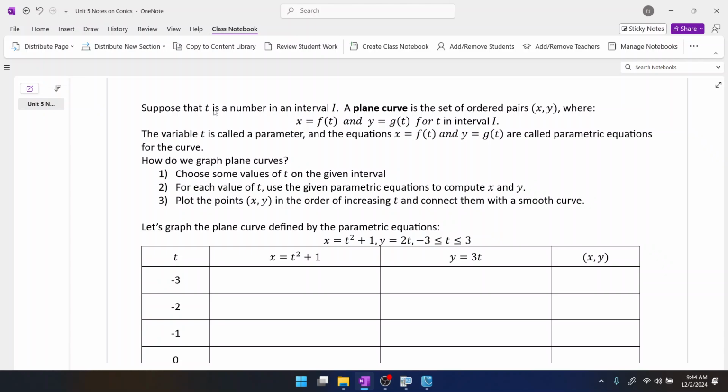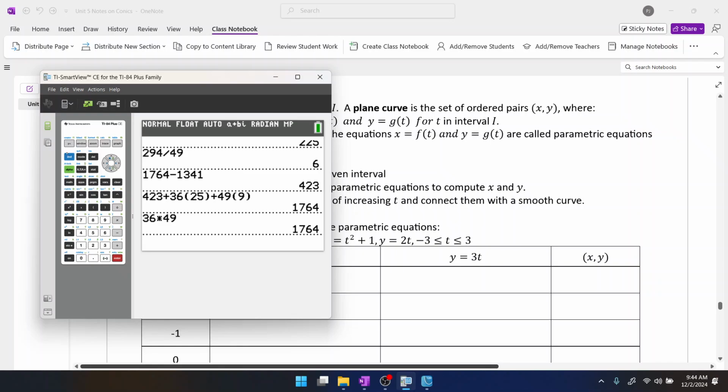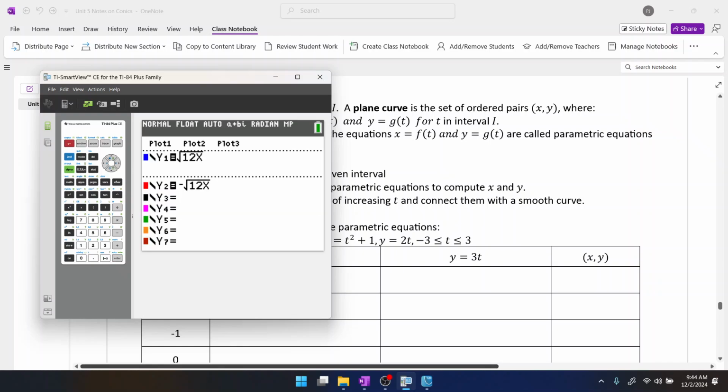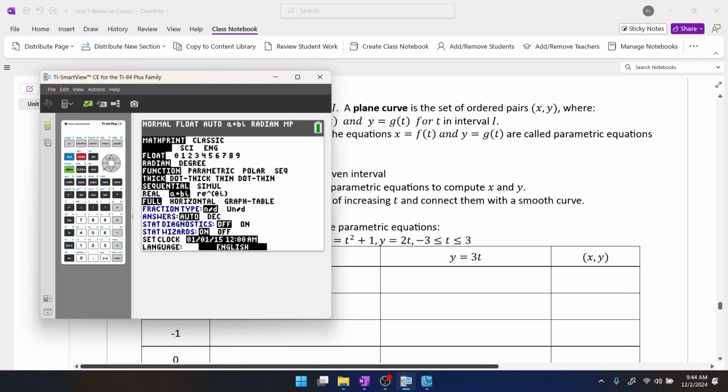Basically, first thing we can do here is I'll show you how to graph this on a calculator. Now, for mode, we have done function and polar. We're not going to do sequence, but we're going to go now to parametric. So you can click on parametric.